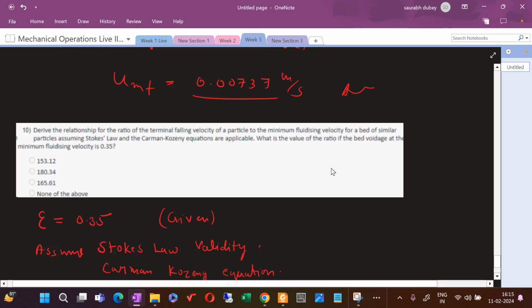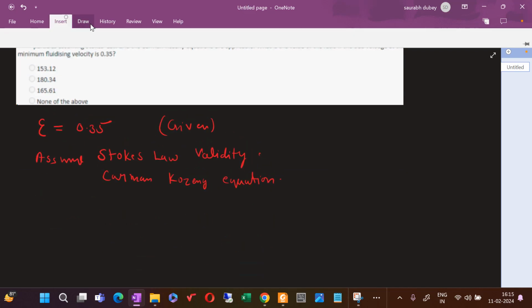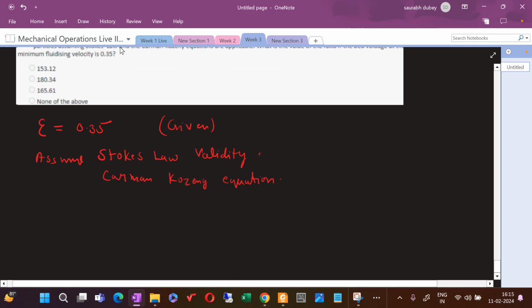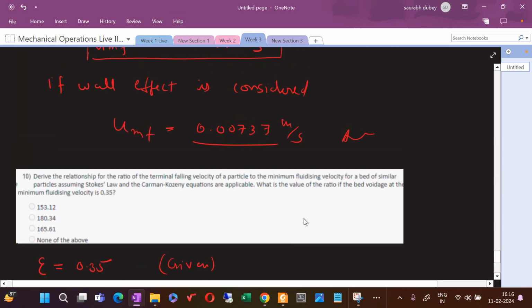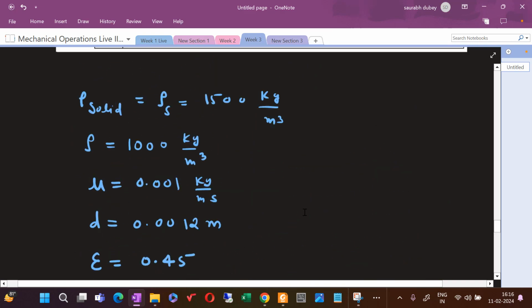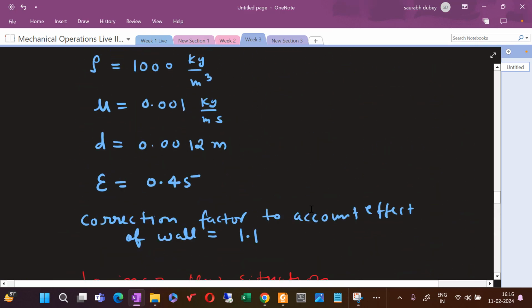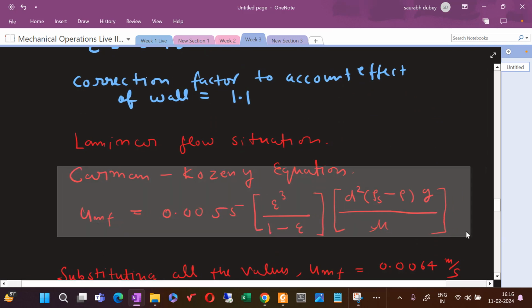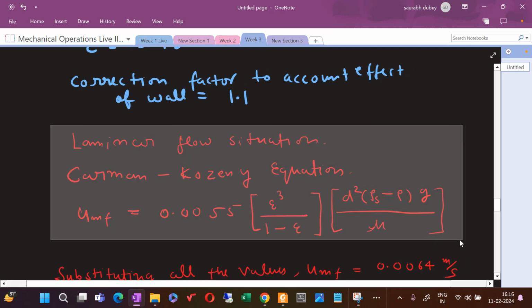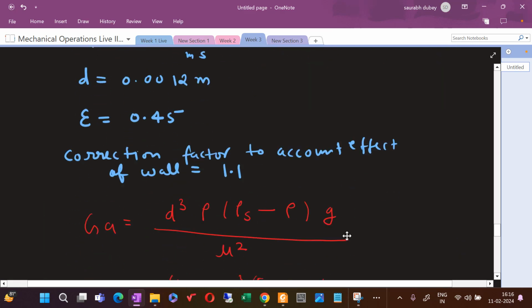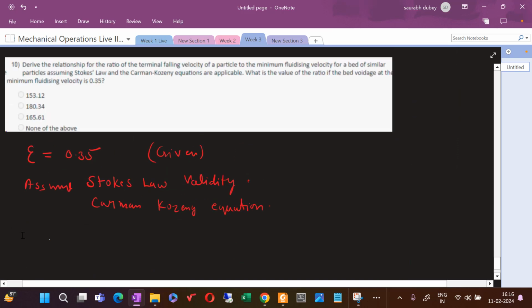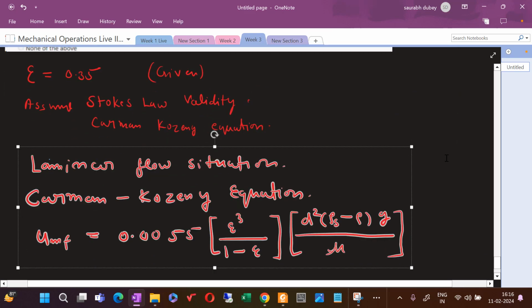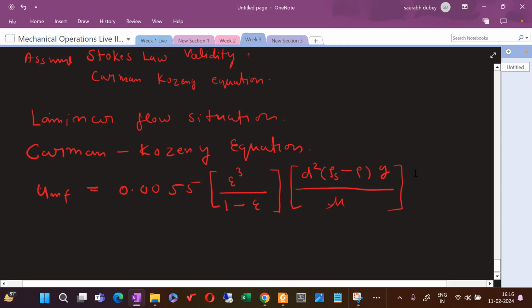When you assume this, it will be pretty easy for you. The Carman-Kozeny equation, you have to consider the laminar situation. I will just copy it so that we can discuss some more questions. Yes, so the Carman-Kozeny equation is this one.